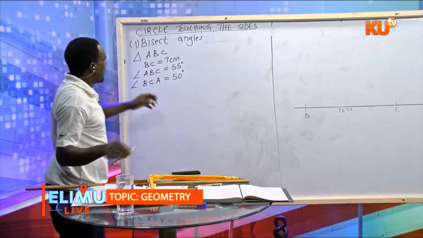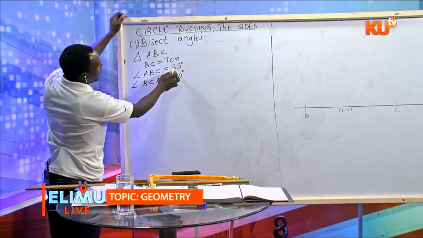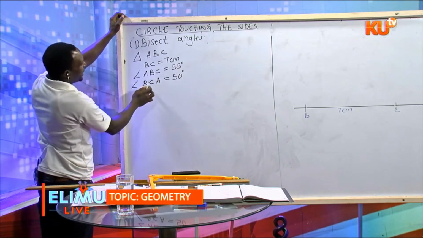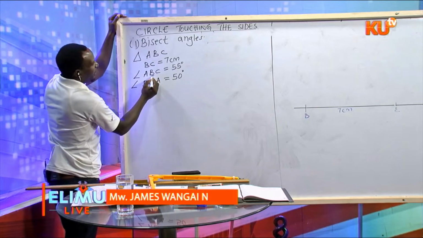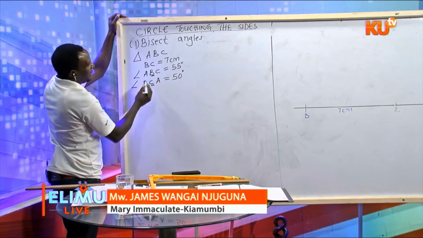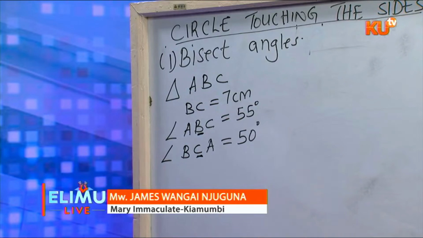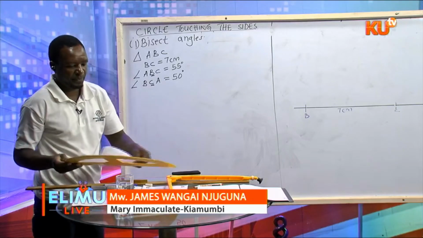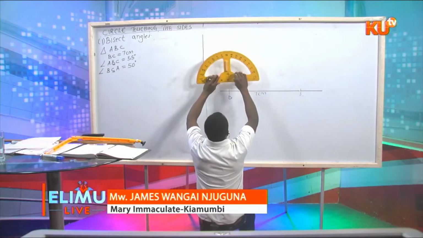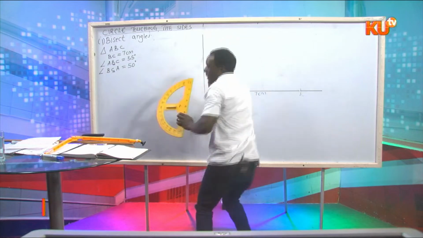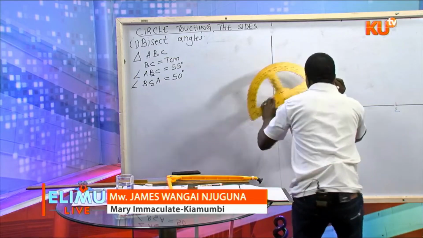If you look at our information here, we have angle ABC, which is 55 degrees, and we have BCA, 50 degrees. We are very much concerned about our center letter. Here it is B. So we'll go directly there with our protractor. Here I told you your protractor has a cross somewhere. Place it here gently. And ensure you have a pencil, not a pen.